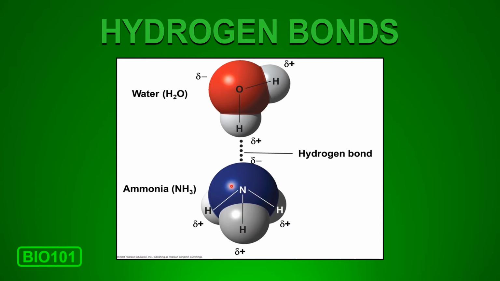Same situation, we have a net negative here and a net positive down here, so we have a polar situation here. But look, the net negative of the nitrogen can be attracted to the net positive of the hydrogen on this water molecule. And so you get ammonia bonding to water.